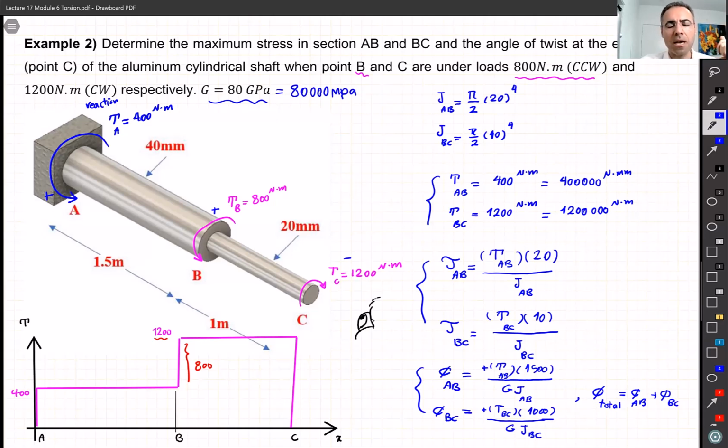The answer is yes. So although in Mech 360 you learn basically how to calculate the stresses when the cross section is like a square cross section, or maybe like a different shape, like elliptical shape. But again, because they are not in practice, nobody builds a shaft which is like a square shape. It's just some theory that you learn in 360. But in terms of practice, 100% of time you're dealing with circular shaft like this one.